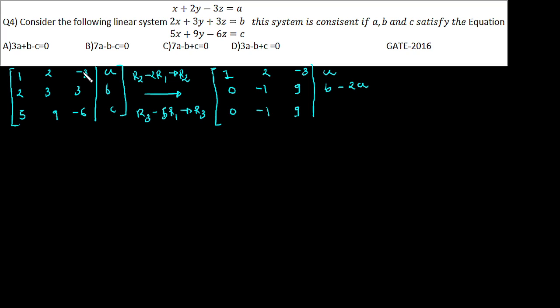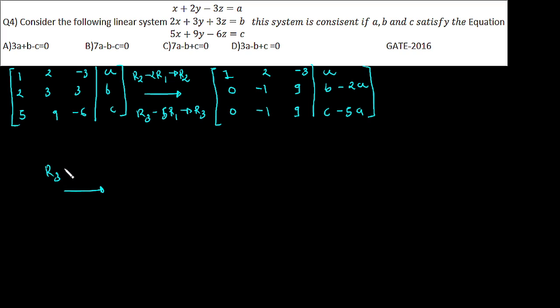Let's check, plus 15 minus 6, okay, plus 9, and here we are getting C minus 5A. Now you can see, if we subtract the second row from the third row, then both entries will cancel out. So let's do it.